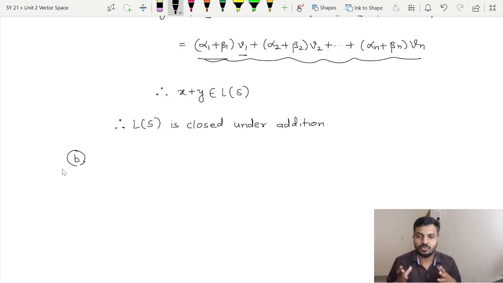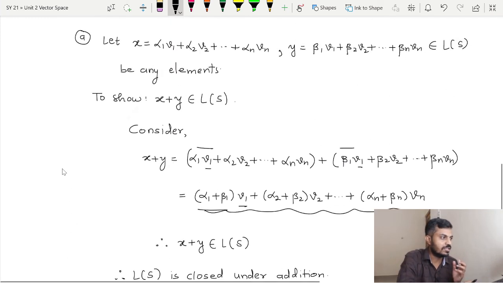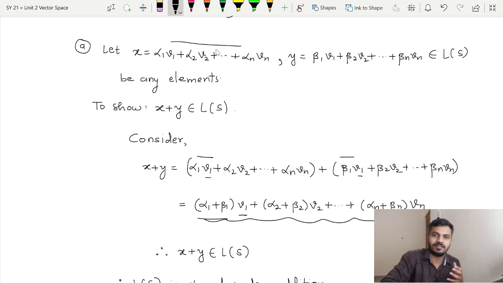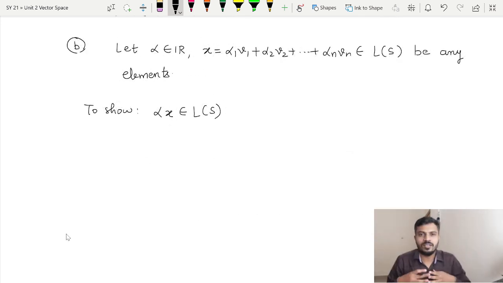Now we proceed ahead to show that L of S is closed under scalar multiplication. In order to do it, we will need one scalar. I will call it alpha, and an element of L of S, with the same notation that we used for x. So here again we have to show this alpha x belongs to L of S, and indirectly we have to show that alpha x can be written as a linear combination of v1, v2 up to vn.